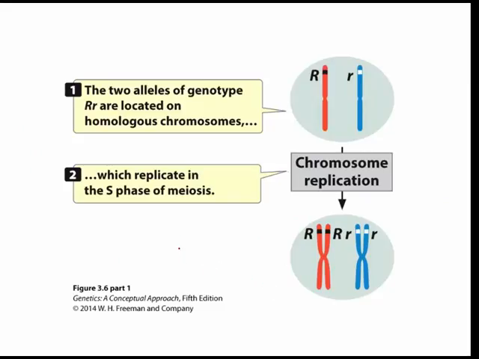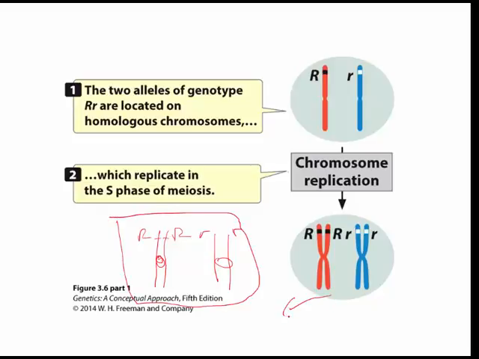Then when they replicate, let's see, there's one chromatid with an R on it. It replicates, and when it replicates, it makes another sister chromatid. So if it just made a copy of that, then we have to put that on there. And then the other one will have a little r on it. And they line up in pairs.